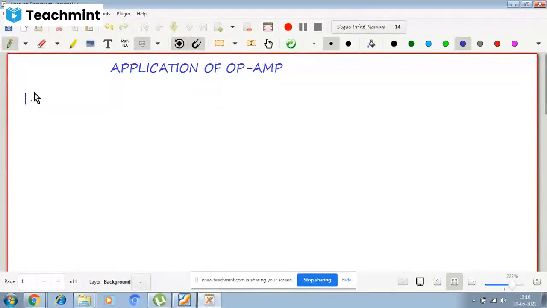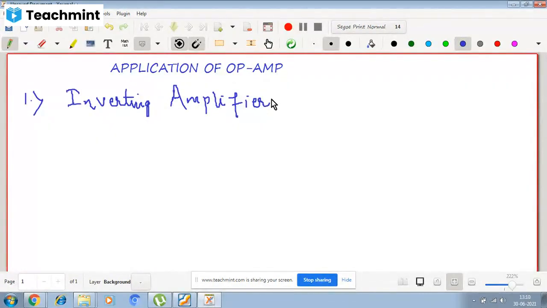Let us see this inverting amplifier, then we will also discuss the non-inverting amplifier. I'm just writing here, inverting amplifier.